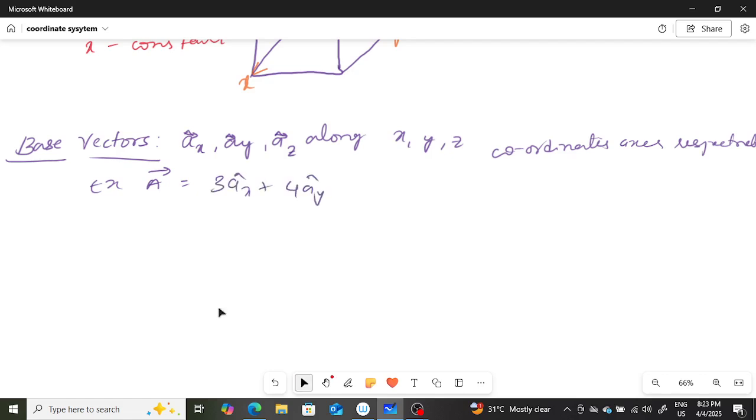For example, if a vector A is given as 3ax plus 4ay, what does it mean? It means 3 is along the ax direction, or on the x axis, and 4 is on the y axis, the y component of the vector.